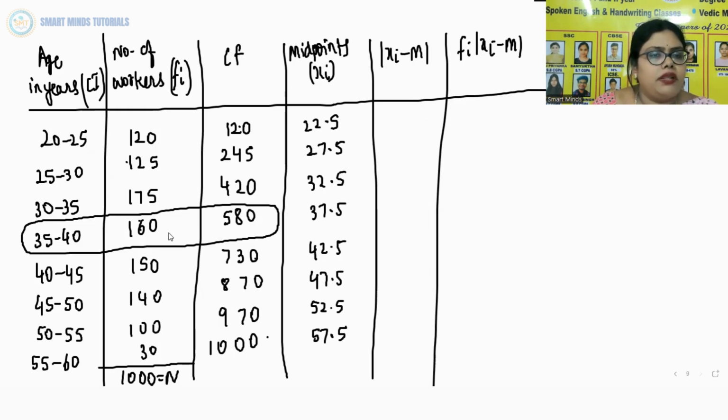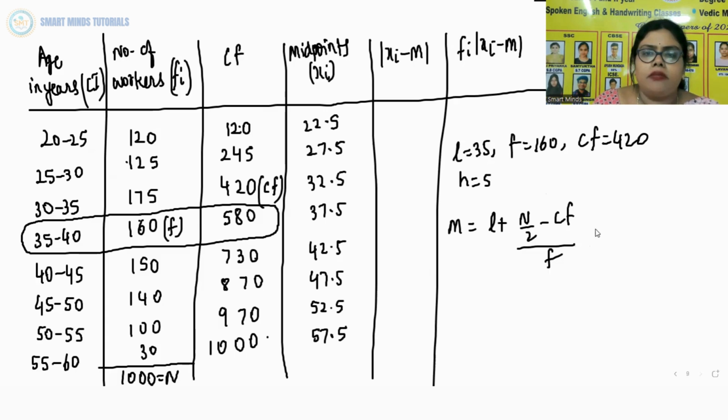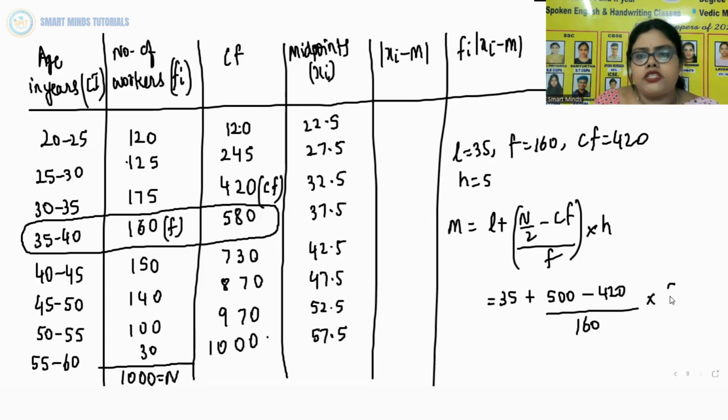Now, before finding the last two columns, we need to find out median. So, if you look at the median class, this is F and this is CF. So, L is 35, F is 160, CF is 420, H is 5. So, median is L plus N by 2 minus CF by F into H. So that is 35 plus 500 minus 420 divided by 160 into 5.